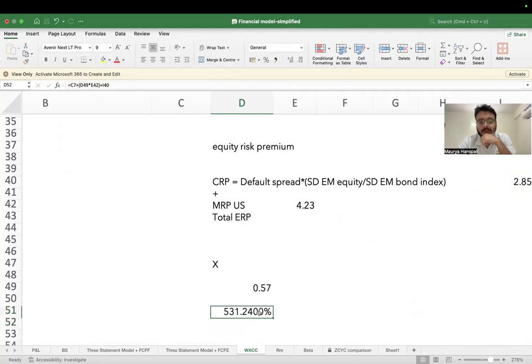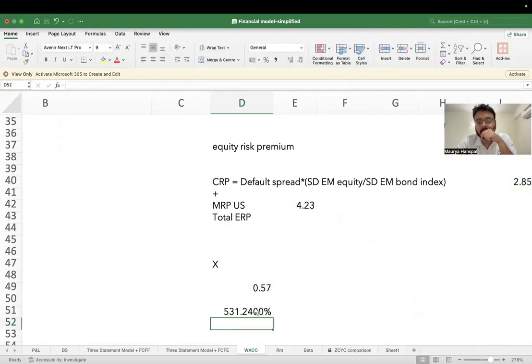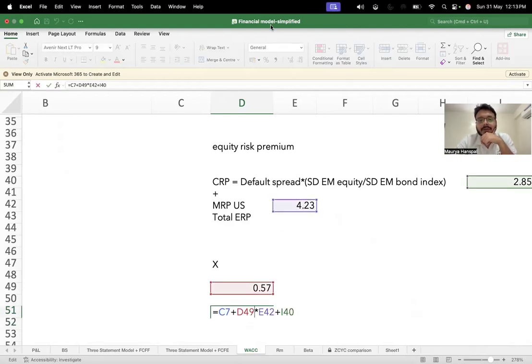So once I do it, okay. So here I've done C7 plus, one second, the beta, simply this beta of 0.57 into the mature market equity risk premium, right? And I've simply added India's.